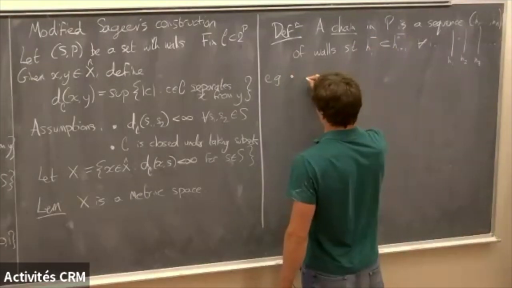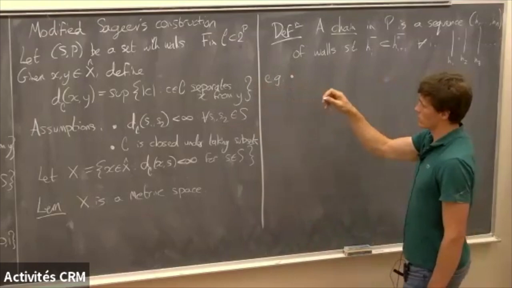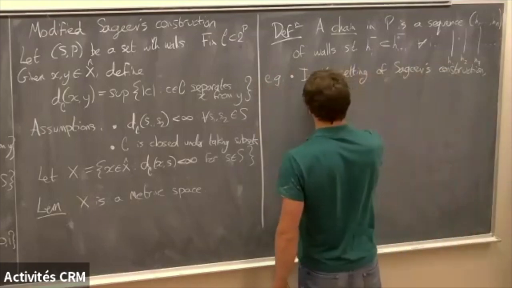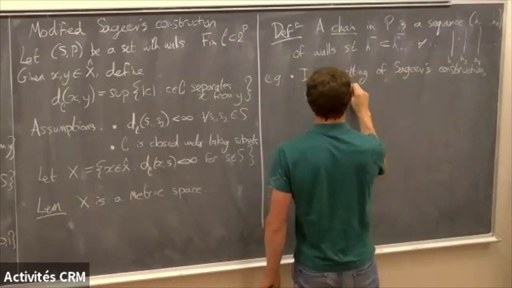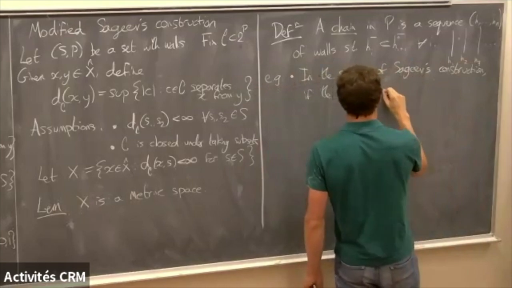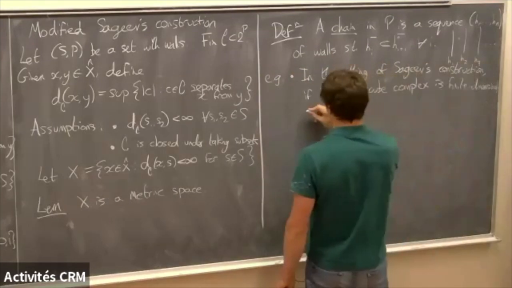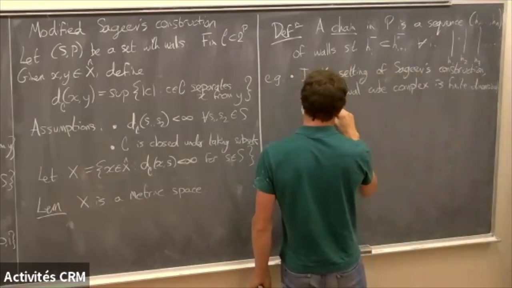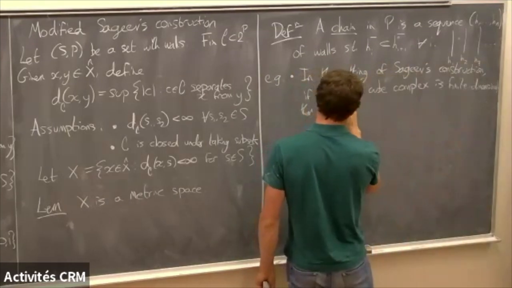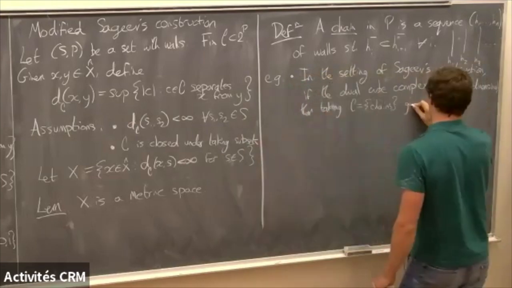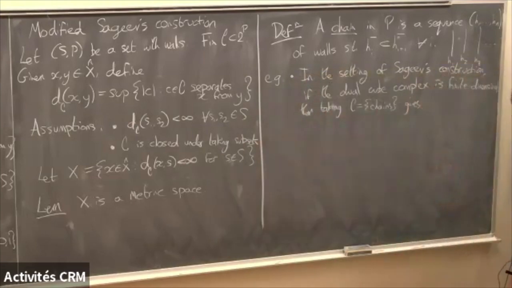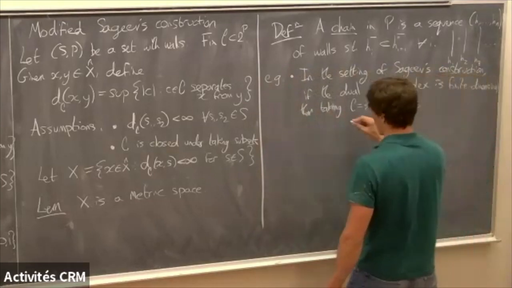And so example 1 is, in the setting where you can do Sageev's construction, if the dual cube complex is finite dimensional, so the cube complex you get from doing Sageev's construction, then taking C to be the set of all chains gives the Helly thickening of the cube complex, which is what Tamal was telling us about last week.